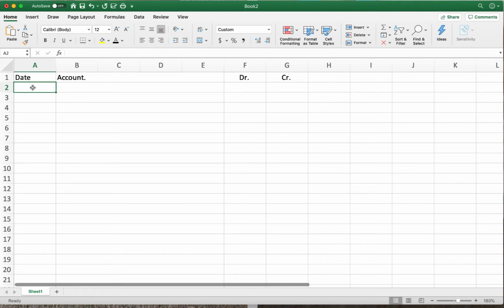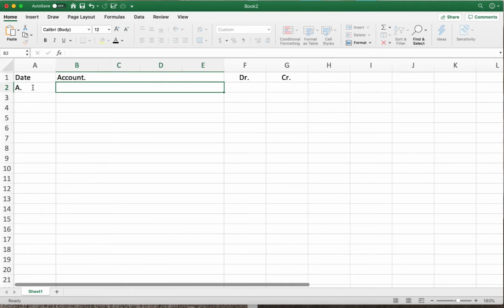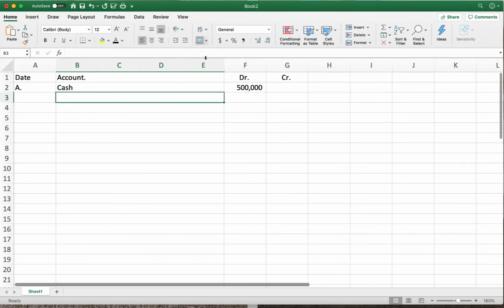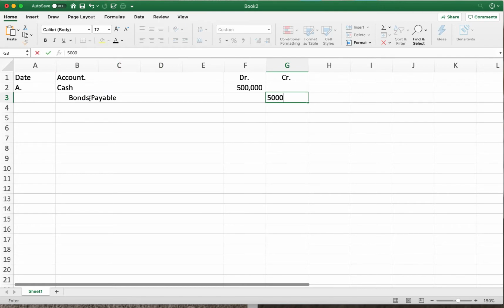So the first journal entry for A is going to be debiting cash for $500,000 and crediting bonds payable. Indent the credit. And 500,000.